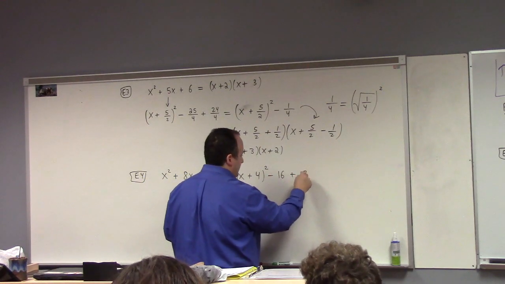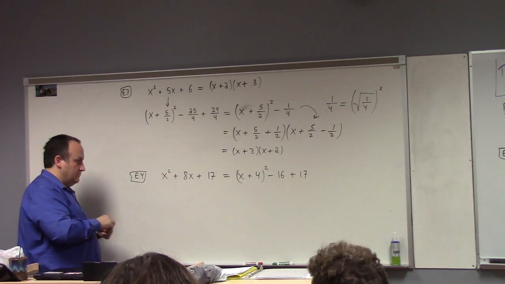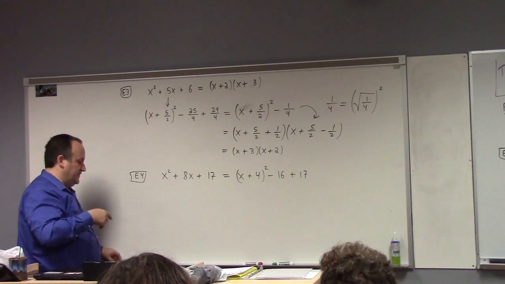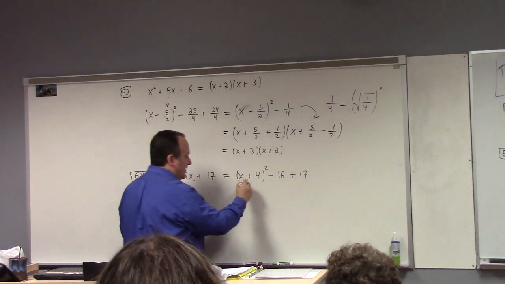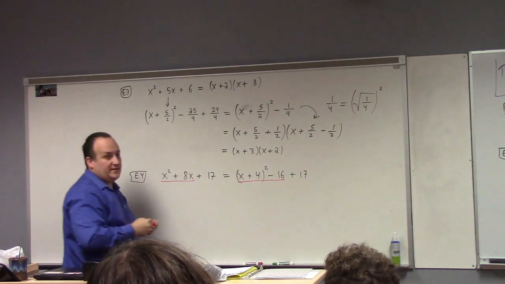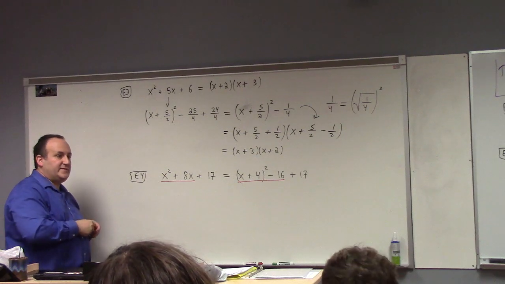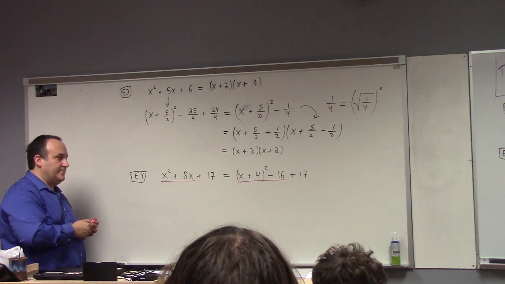I still got the 17. Do you see what I did? I hope you see what I did. I took half of the 8, which gave me 4, and these two terms are literally equal to those two. That's all I'm doing. I'm changing the form of the expression, grouping all of the variability into a square. This is completing the square.